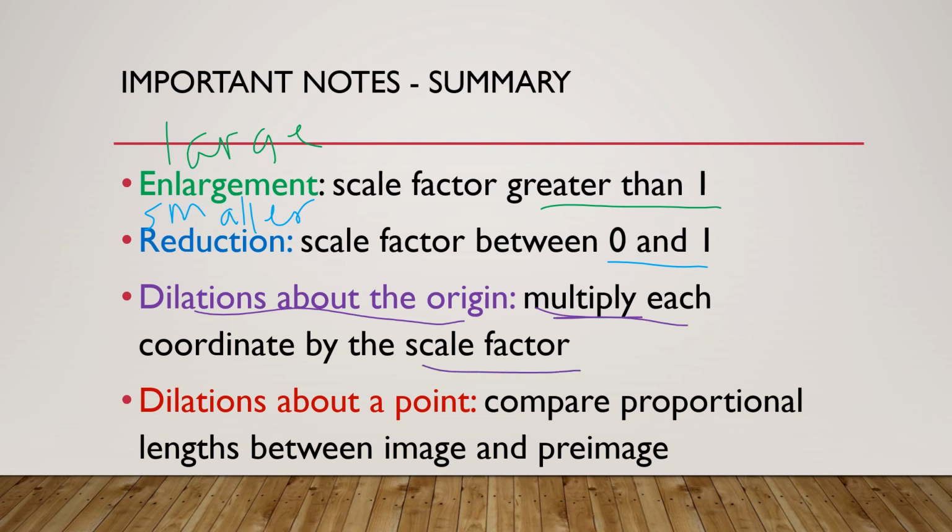And if we are talking about compared to a point, we compare the proportion between the image and the pre-image. So you would have the distance to the new divided by the original.